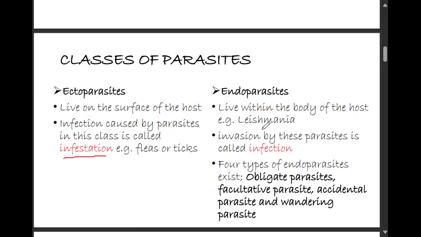When we have an invasion by an endoparasite, what comes about is what we call infection. So get to differentiate these two. Infection caused by an ectoparasite is known as infestation, then invasion caused by an endoparasite is what we call infection. Are we together?